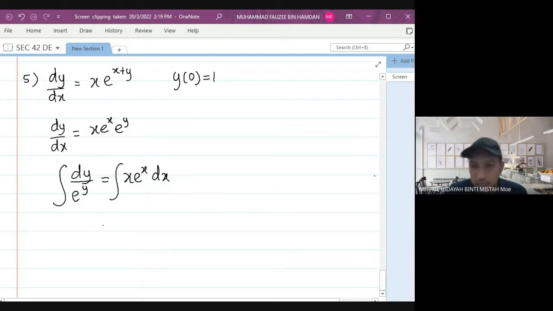Okay. So, last one. This is the last one. Okay, integrate dy over e to the power of y. What do we get? Integrate dy over e to the power of y. Ln e to the power of y.